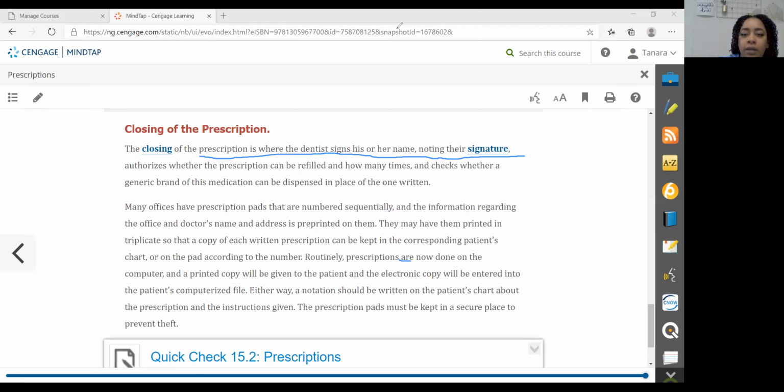So let me click back to my regular screen. Just to let you know how it works with prescriptions, that's what we're going to cover in this section. I will be leaving some questions on Edmodo with this lecture, and I'm hoping this gives you a better understanding, and we will work on this in lab.